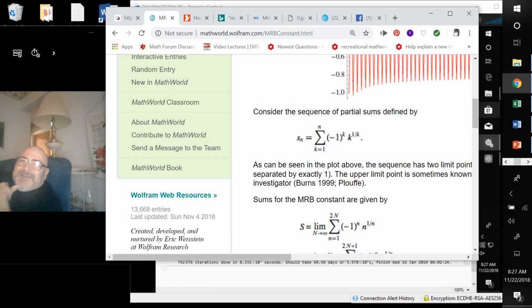I started summing negative 1 plus the square root of 2 minus the cube root of 3. And when I sum just negative 1, which is negative 1, I noticed that that was the first S sub n, negative 1.